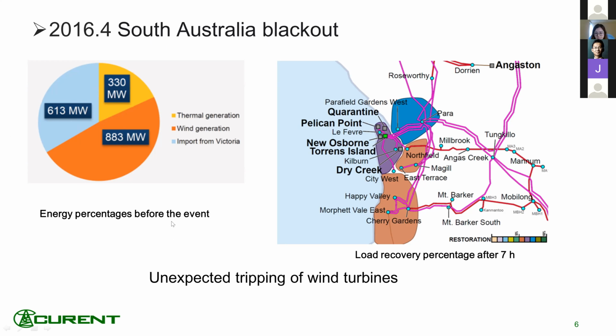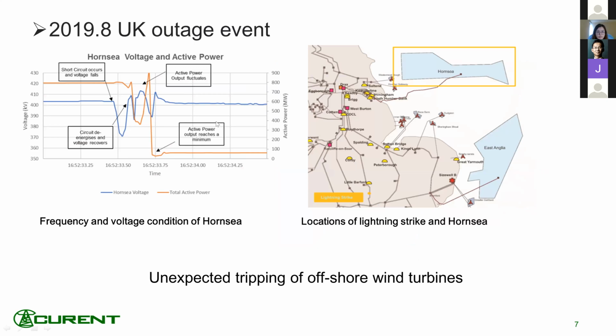When the unexpected tripping of wind turbines happened after the extreme weather, this part of the grid totally broke down. Similarly, in 2019, in the UK outage event, the unexpected tripping of the Hornsea wind farm brought a significant power supply deficiency in this grid and became one of the reasons that led to the outage event.